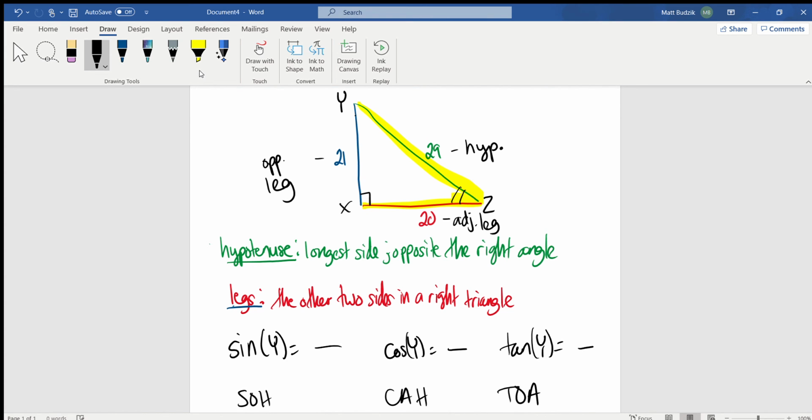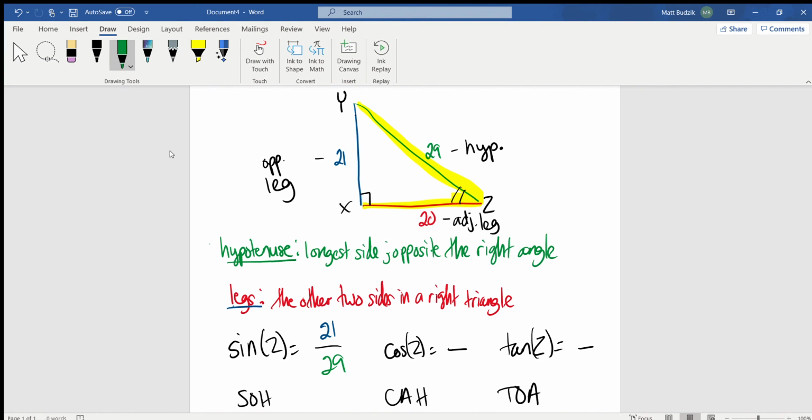Okay. So now if I want to know the sine, cosine, and tangent of angle Z, we now have different measures that we're working with in relation to that specific angle. So the sine of Z is opposite over hypotenuse, so this is going to be 21 over 29.